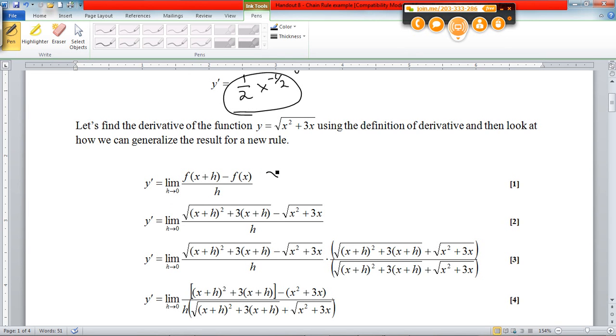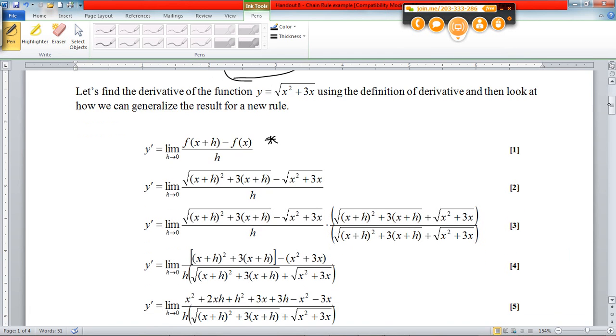Right? Remember, does that look familiar? The limit as h approaches 0 of f of x plus h minus f of x over h. And the reason I put it together here is so you won't have to write all this out, because it is, as you can see, kind of long. But let's see if we can work our way through it. Okay, so do you see where all this came from right here? I've got two square roots.